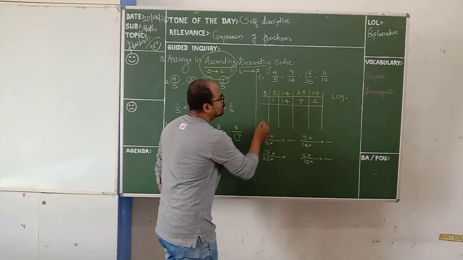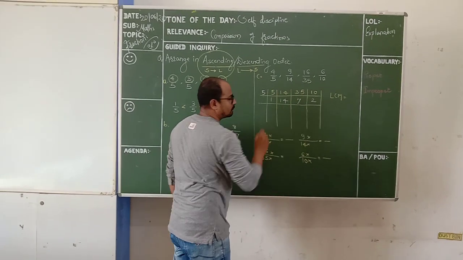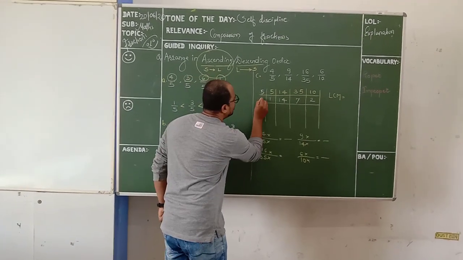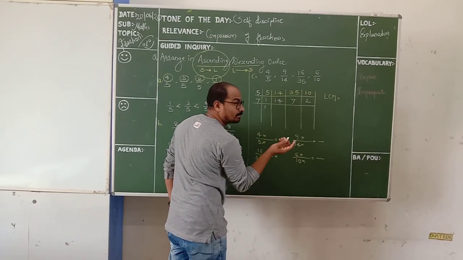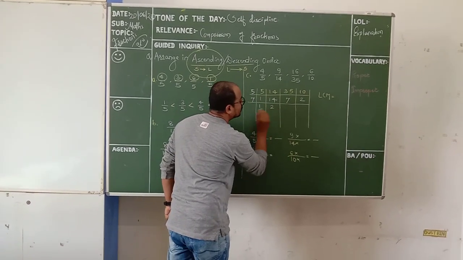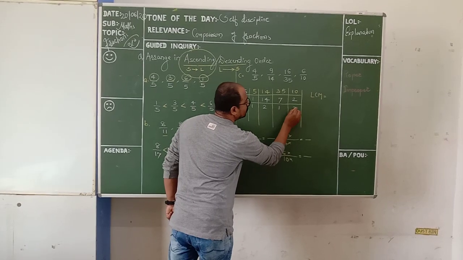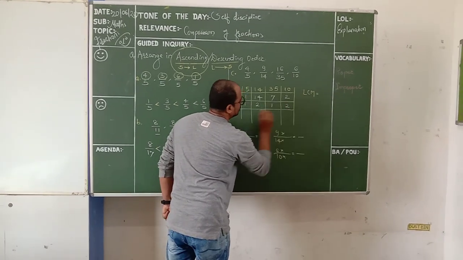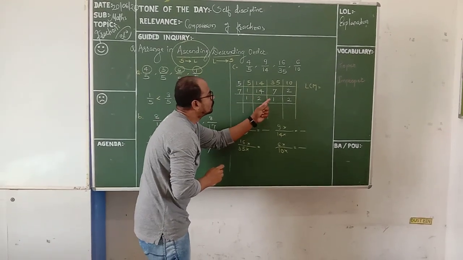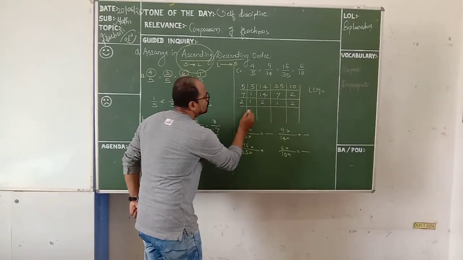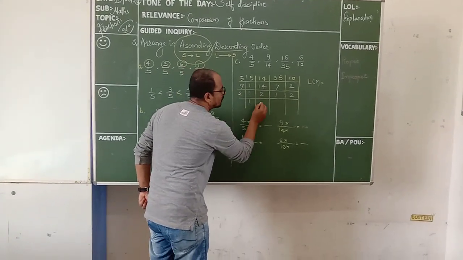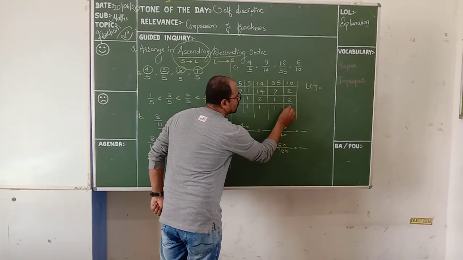Then observe 1, 14, 7 and 2. Now I divide by 7: 1 as it is, 14 is 7 twos, 7 is 7 ones, and 2 as it is. Then we have 1, 2, 1, 2, which is divisible by 2: 1 as it is, 2 is 2 ones, 1 as it is, 2 is 2 ones.